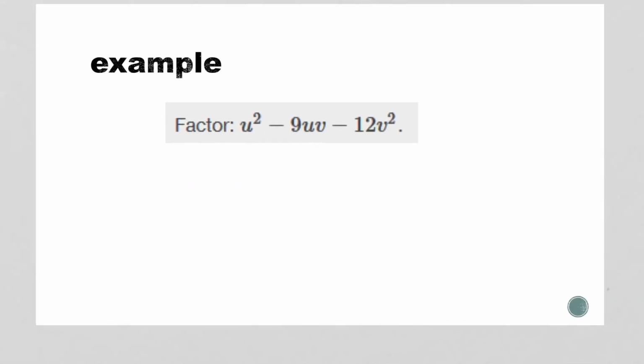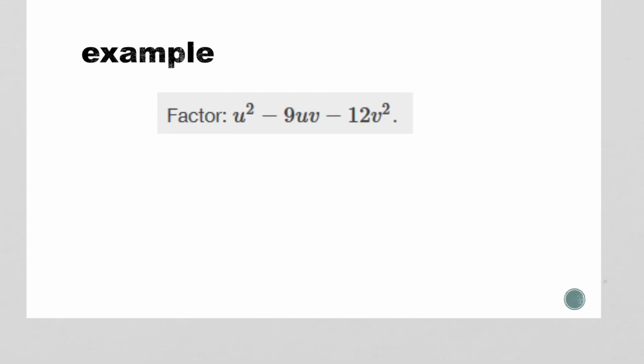Last one. We're going to do the same thing as before. 1 times -12 gives us -12. I want factors of -12 that add up to be -9. Let's see here. I don't know that I could find any off the top of my head. Let's write them all down. So I've got +1, -12, -1, +12, 2 and -6, -2, +6, 3 and -4, -3, +4.